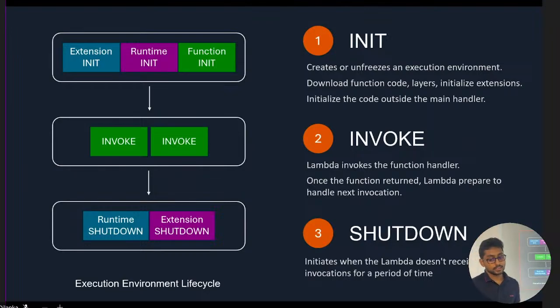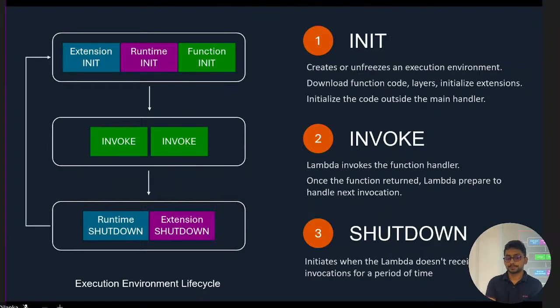If the Lambda function doesn't get any request for a period of time, it will shut down the function automatically. Again, when it is shut down, if it gets any request, it will go through the init and invoke phases again.